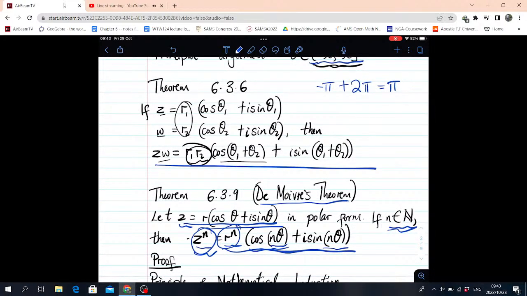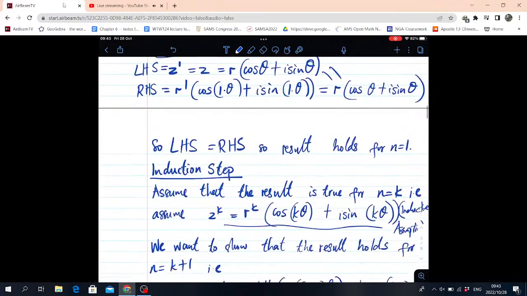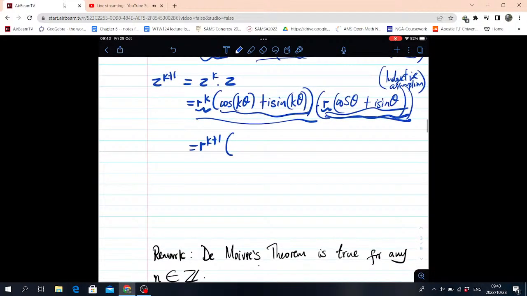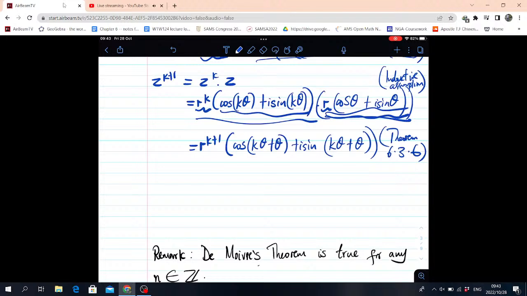It tells us how to multiply two complex numbers. And so we get r to the k plus 1 and then cos k theta plus theta, right? Plus i sine k theta plus theta. And this is coming from, as I've mentioned, theorem 6.3.6. That's what tells us that.